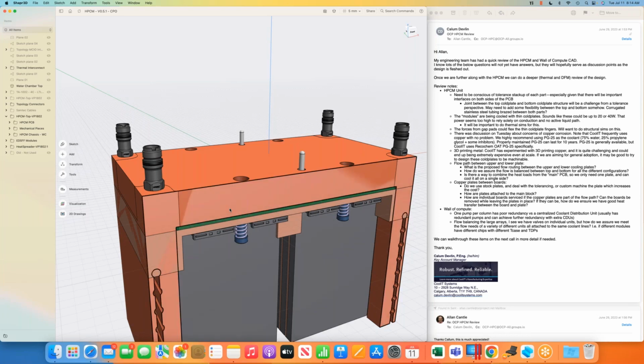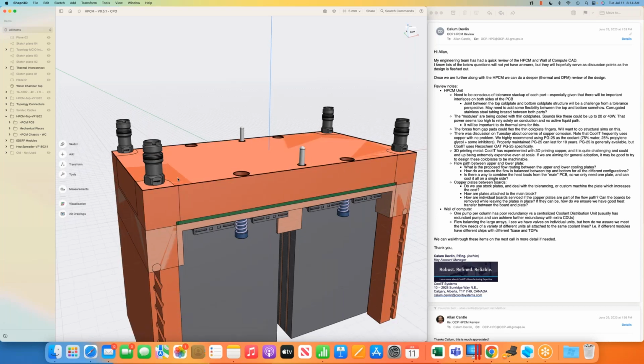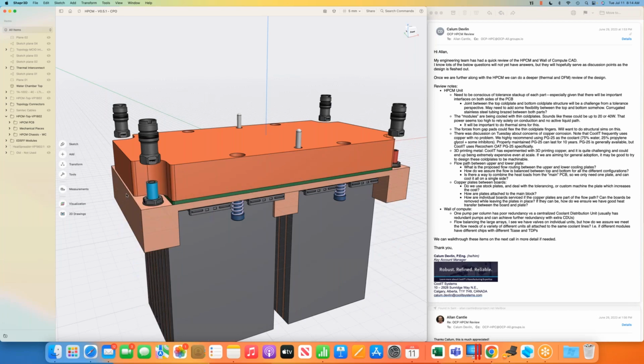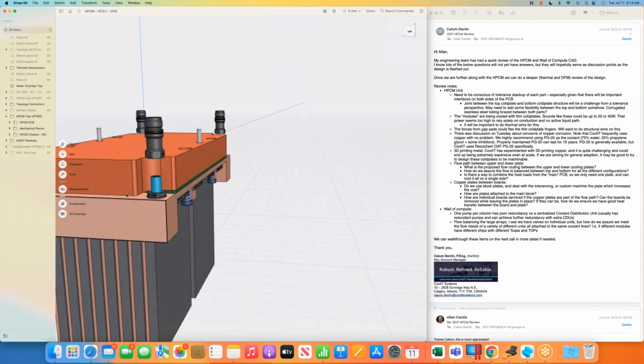So again, just thinking out loud, okay, no, I think that's a bad idea. So this would need to be two pieces.